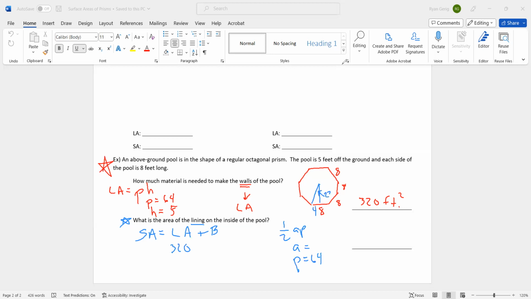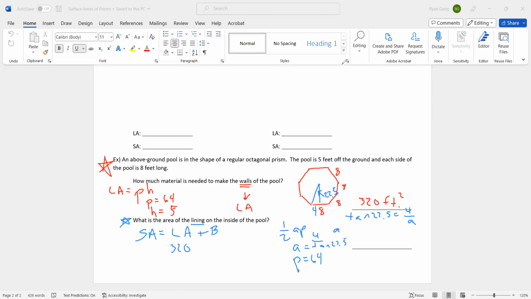This is a 22.5 degree angle. So the tangent of 22.5 equals 4 over A. So then hopefully by now you know how to solve that. That's A equals 4 divided by tan 22.5.